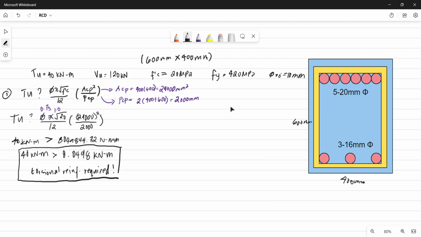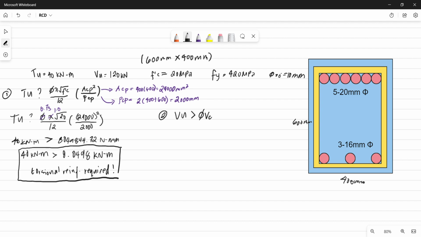How do you compare your demand to capacity? So the second one is, your VU is greater than dapat sa VC mo.